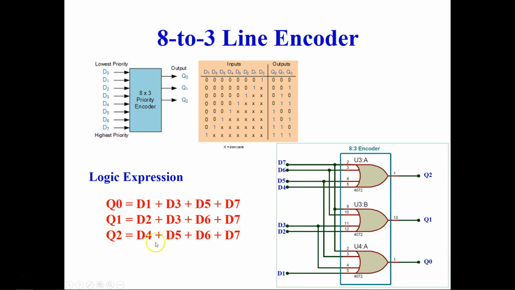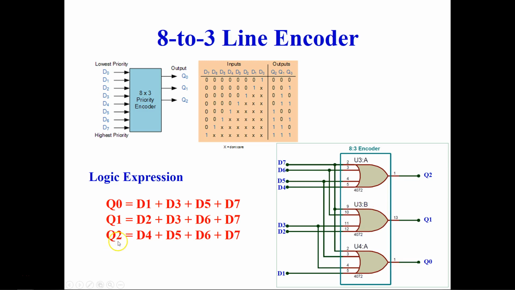Let's start with Q2. Q2 has D4, D5, D6, D7. So you see that D4, D5, D6, D7 all go into the OR gate. And then we have Q1 which has D2, D3, D6, D7. So D2, D3 is here, and D6 and D7 input has been taken from here. Okay.